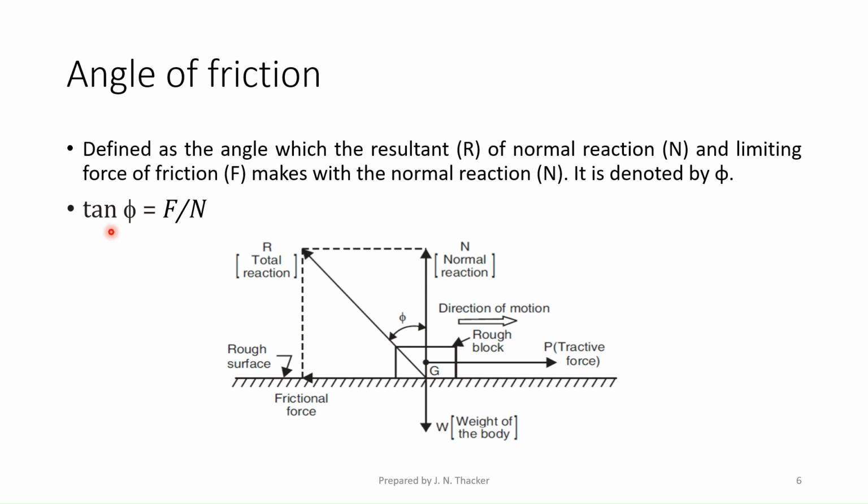Also, when you take tan phi, you get the opposite side, that is F, and the adjacent side, that is N. So tan phi is equal to F by N, opposite by adjacent side. That will be your tan of angle of friction. So again, angle of friction is defined as the angle which the resultant R of normal reaction N and limiting friction F makes with the normal reaction N, and it is denoted by phi.